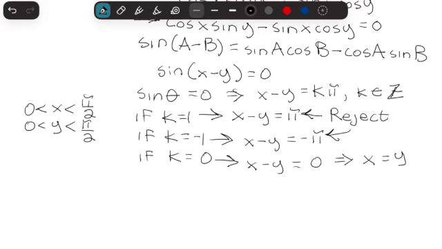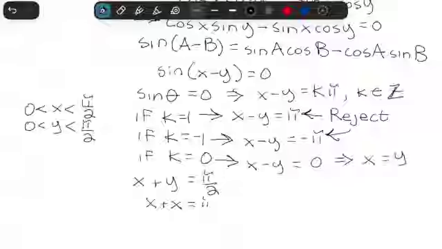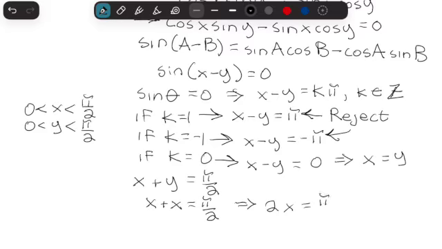Great, so recall our constraint function, x plus y equals pi over 2. Now we can just substitute x for y, so x plus x equals pi over 2. So that's 2x equals pi over 2, which means that x equals pi over 4.